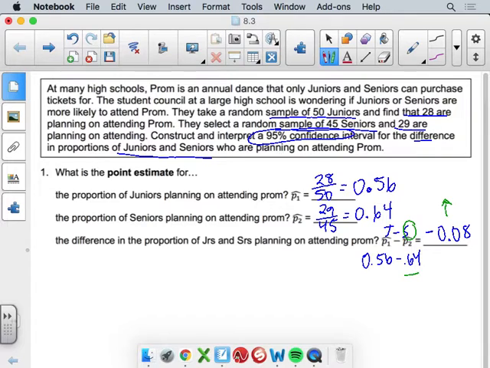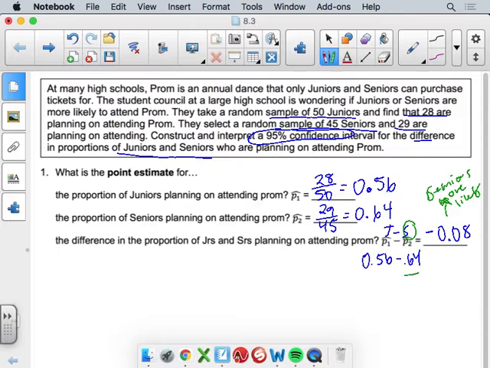So it's negative, which means seniors are more likely, by 8%. Just from our sample, it looks like seniors are more likely by 8%.